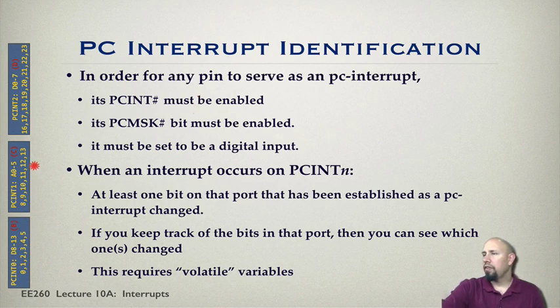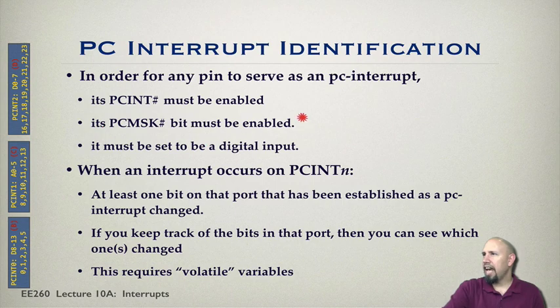Okay, so first of all, if, for example, I want to use analog pin 4, that corresponds to PCInt12, then I need to enable PCInt1. Okay, the PCInt1 vector. I need to enable that.